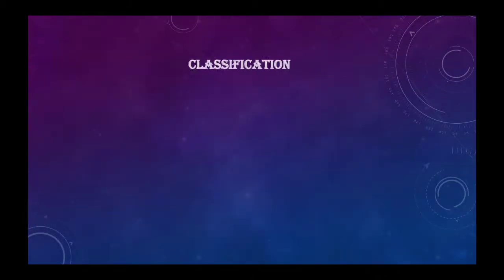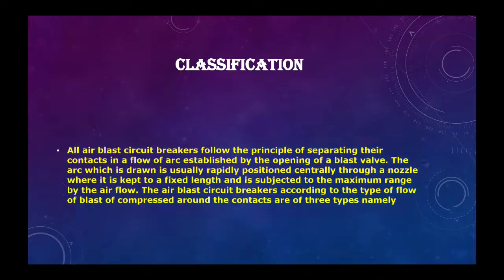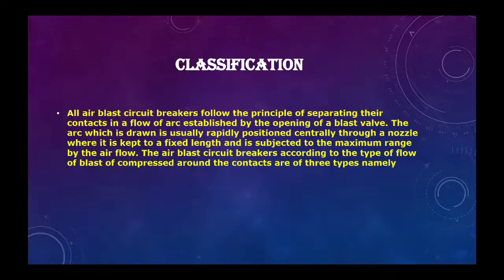Now the next slide is the classification of air blast circuit breakers. All air blast circuit breakers follow the principle of separation of their contacts in a flow of air established by the opening of a blast valve or a couple of blast valves.